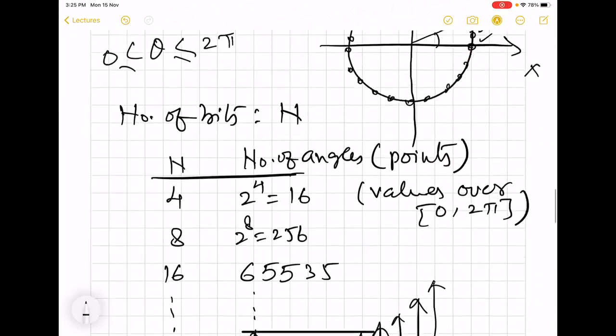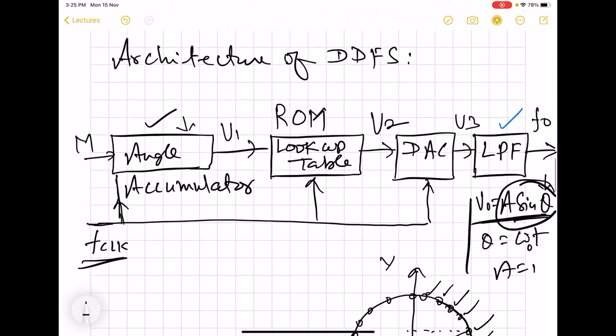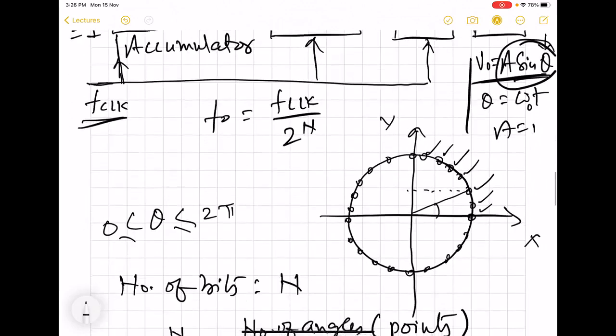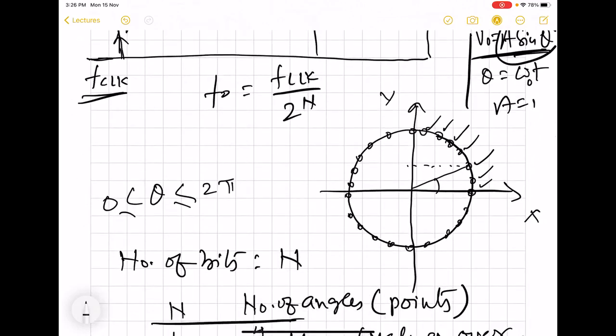So this is what will happen if we do not have m, or if we take m is equal to 1. So this is the relation we will get. F naught is equal to f clock by 2 raised power n, if we choose to use n number of bits to store the angle information.